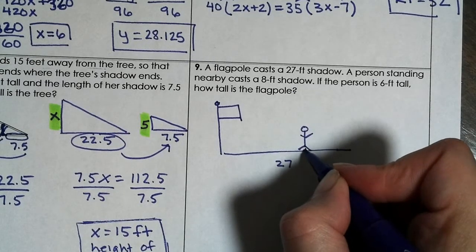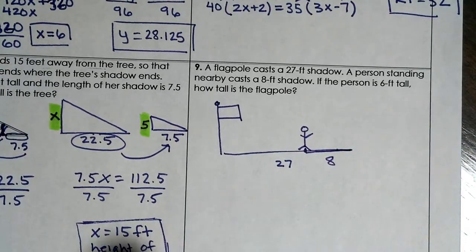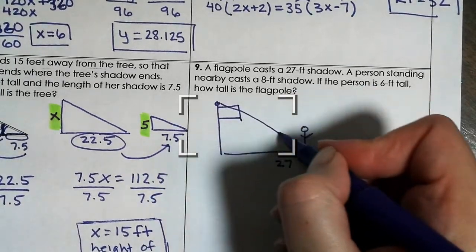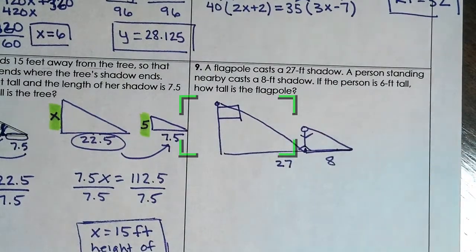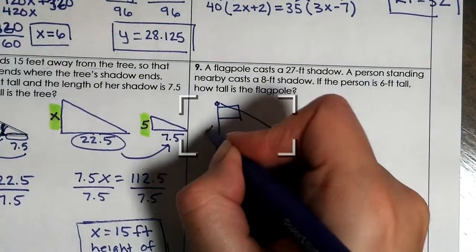So here's my person, their shadow is 8 feet. And I actually think that this is going to look like this. If the person is 6 feet tall, how tall is the flagpole?